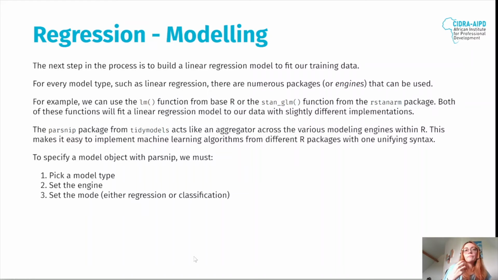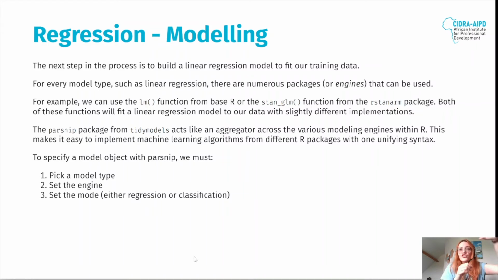We have a package that helps us with tidymodels that's called parsnip. This package acts like an aggregator across all the different engines that we have in R. So it makes it a lot easier to implement machine learning algorithms from different R packages using one standard syntax, which is very powerful, right?